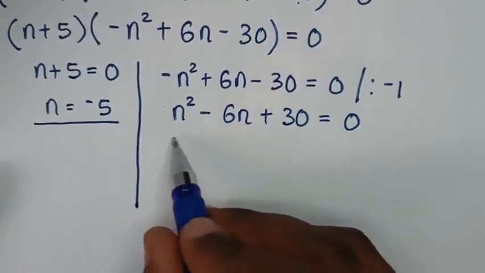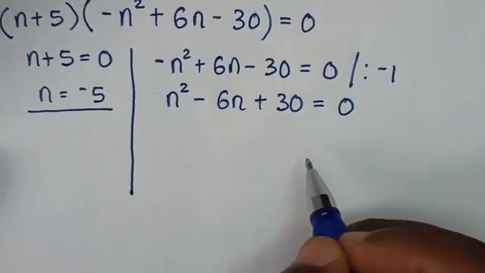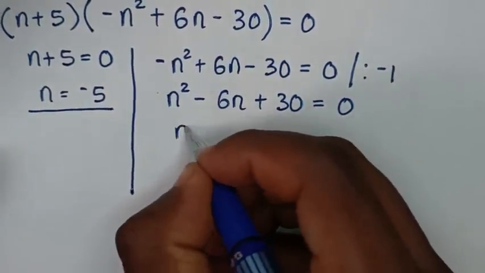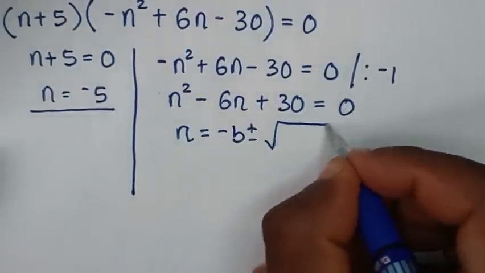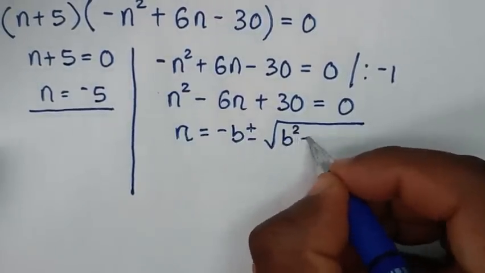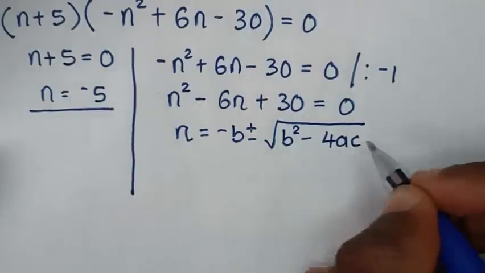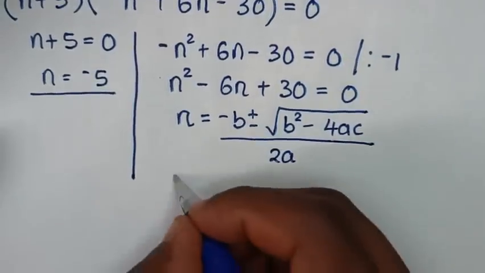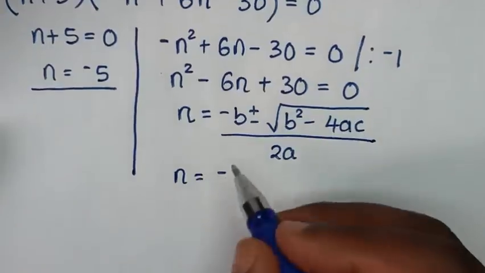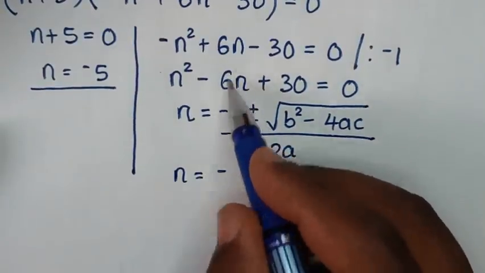Then from here, to find the values of n, we'll use the quadratic formula. From the quadratic formula, n is equal to negative b plus or minus the square root of b squared minus 4ac, over 2a. So it will be n is equal to minus b, where b is the coefficient of n, which is negative 6.